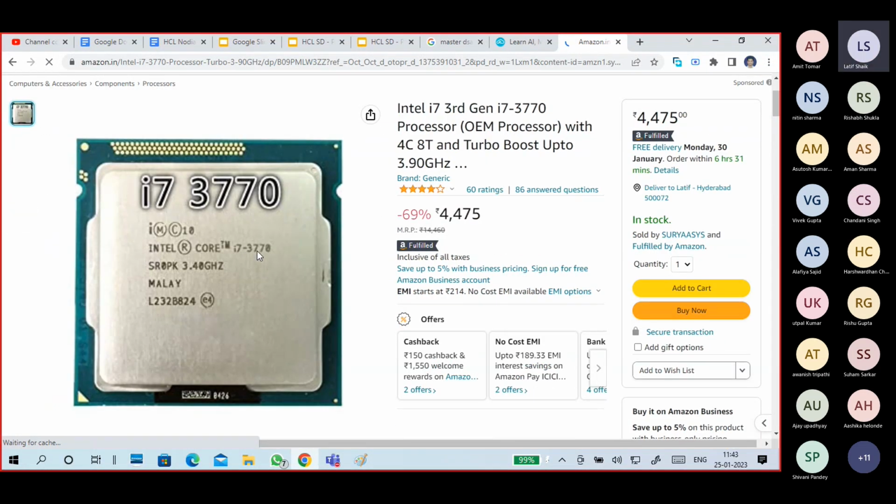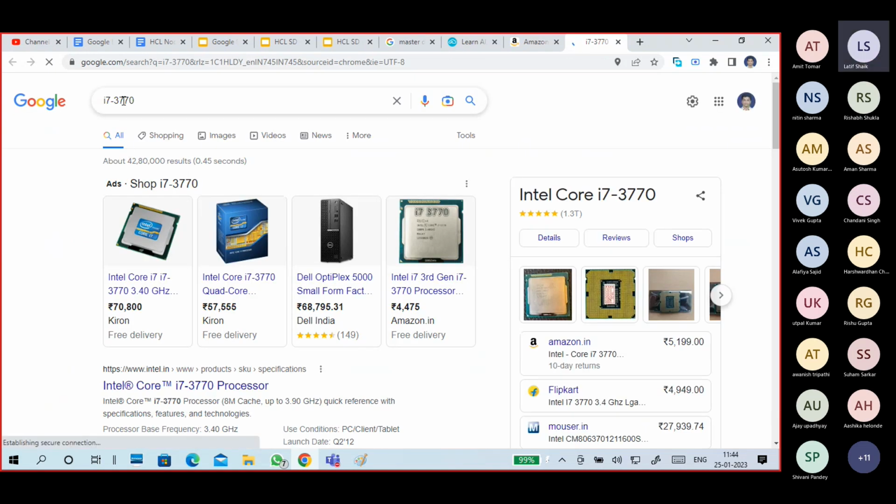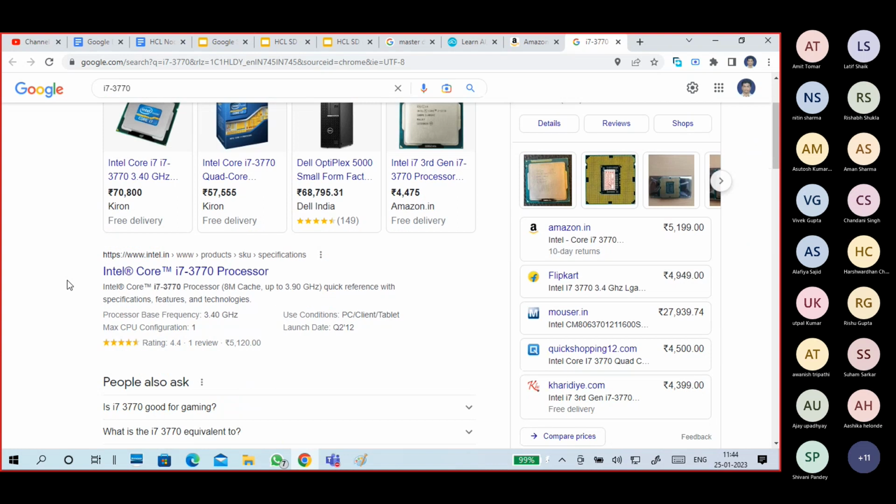Can you see, i7 3770, 3.4 gigahertz processor, 4 core 8 thread processor. You take this number and search in Google. Okay, i7 3, this one.